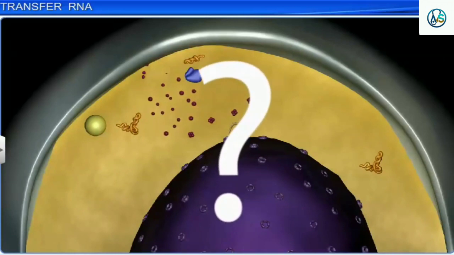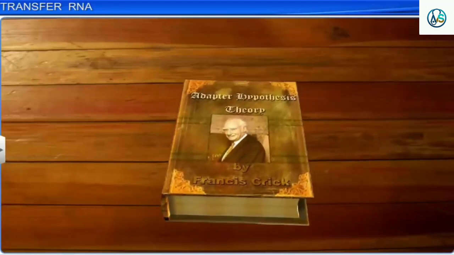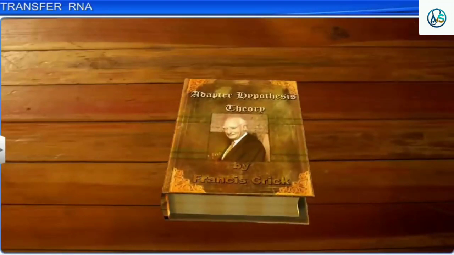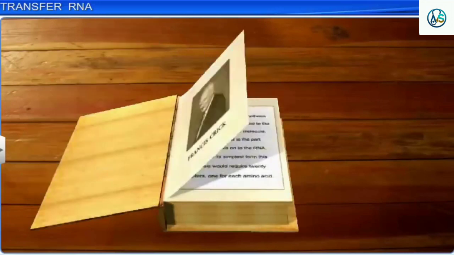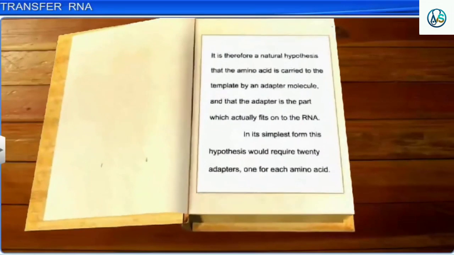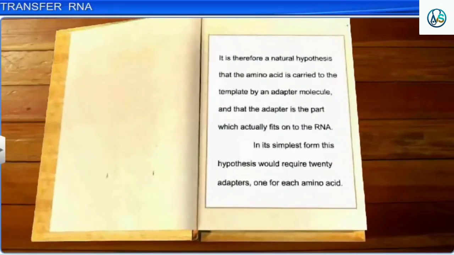The breakthrough came in 1955, when Francis Crick, who had earlier revealed the DNA structure and its properties, postulated the adapter hypothesis theory, in which he stated that it is therefore a natural hypothesis that the amino acid is carried to the template by an adapter molecule, and that the adapter is the part which actually fits onto the RNA.